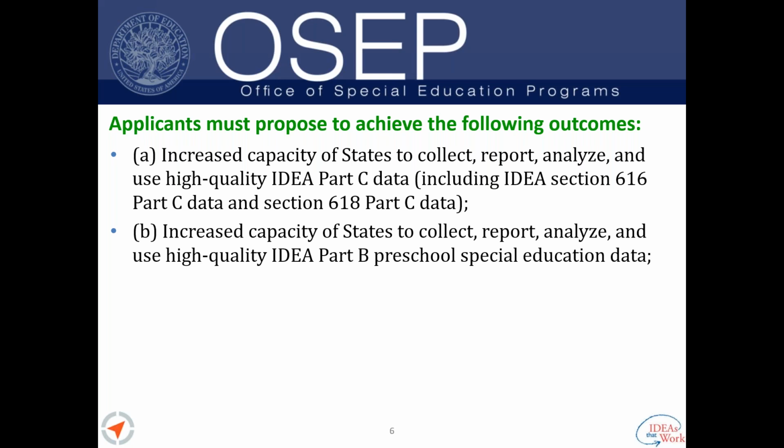Increase capacity of states to collect, report, analyze, and use high-quality IDEA Part C data, including IDEA Section 616 Part C data and Section 618 Part C data, as well as increased capacity of states to collect, report, analyze, and use high-quality IDEA Part B preschool special education data.